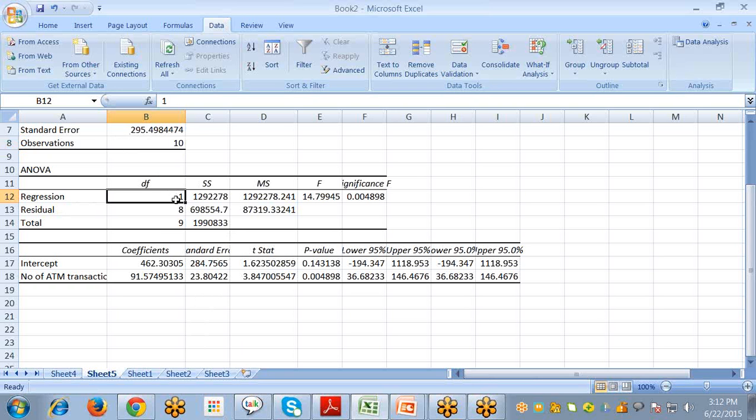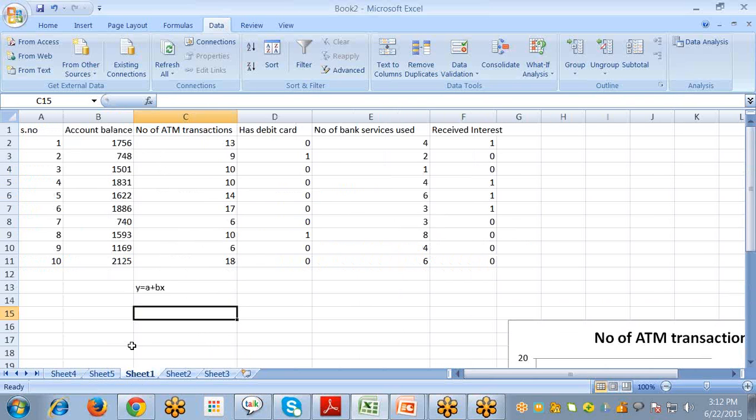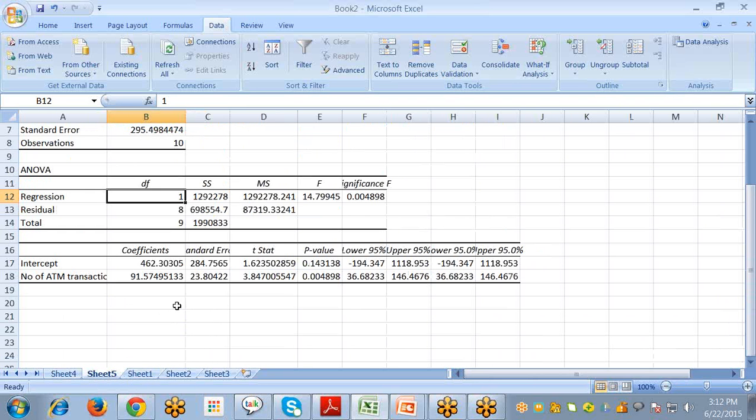So the 1 denotes how many independent variables you are using in your calculation. I am using only one, the number of ATM transactions, because I am doing a simple linear equation, in which only one independent variable is required.